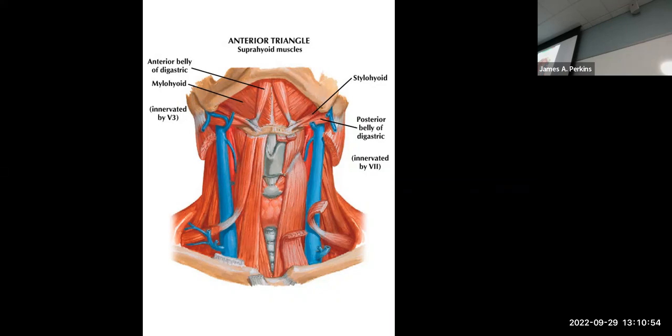It then inserts into the hyoid bone. It functions basically the same as the anterior belly of the digastric, pulling the mandible down towards the hyoid bone to help you open your jaw. It's also innervated by V3, the mandibular division of the trigeminal nerve. Mylohyoid.